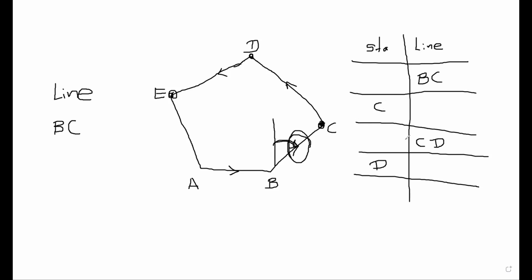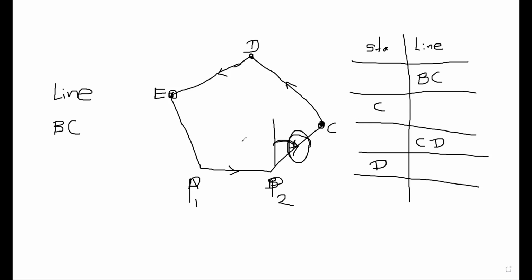Then CD, station D, DE, E, EF. Sometimes we put P1, P2, because if you put A, B, C, D, you have to limit it to 26. If you have more than 26 nodes after Z, then you are in trouble.